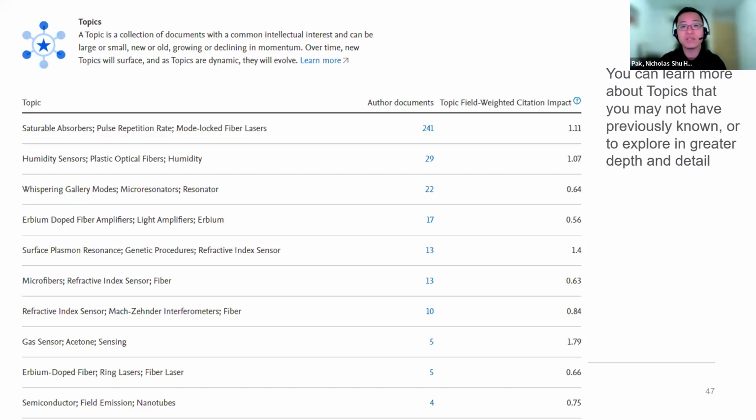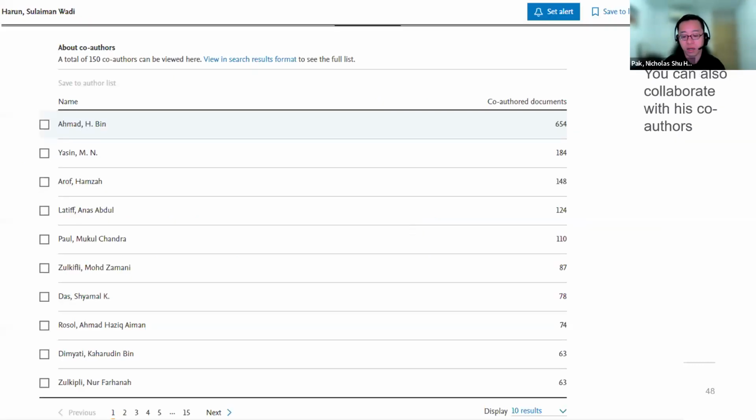Correspondingly, if this is your own author profile, having these areas of FWCI in terms of topics would also showcase your work better. People who are interested in a particular topic of research would also be able to approach you as well. And this really creates the opportunity for greater collaboration. Another thing that you can see for collaboration will be to take a look at the number of co-authors of this particular author that you're looking at as well.